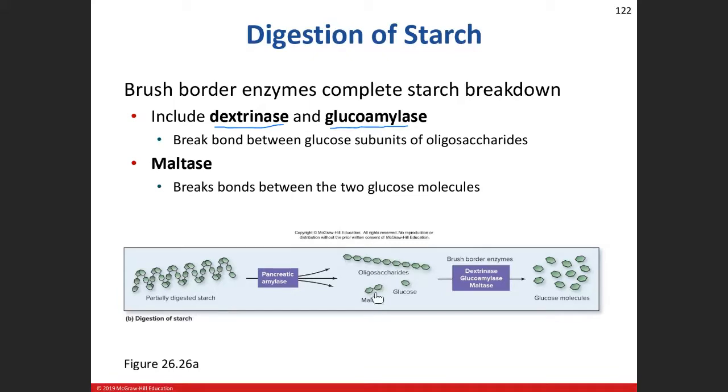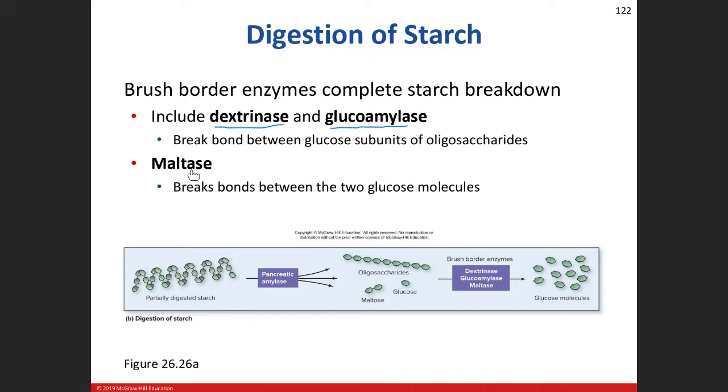We have a disaccharide, which is maltose, which is two glucose. And then we have one individual glucose molecule. But we want everything to be individual glucose molecules. So we have our dextrinase and our glucoamylase, which will start to snap off glucose molecules off of our oligosaccharide. That's cool. We're just going to start picking off, bing, bing, bing, so we'll have individual glucose.